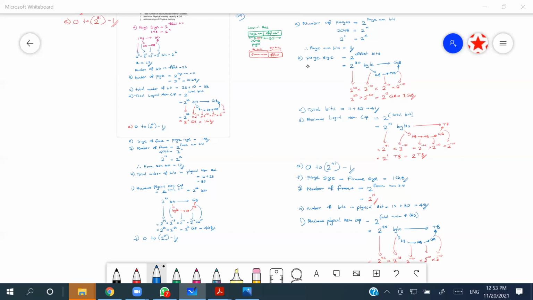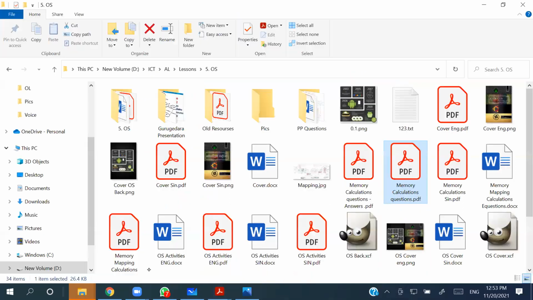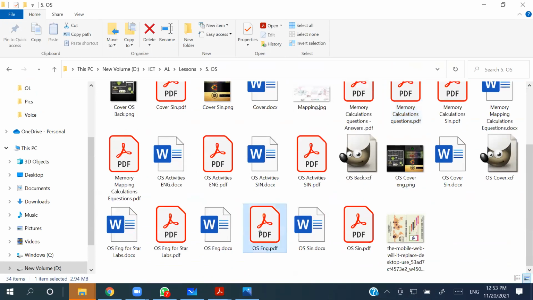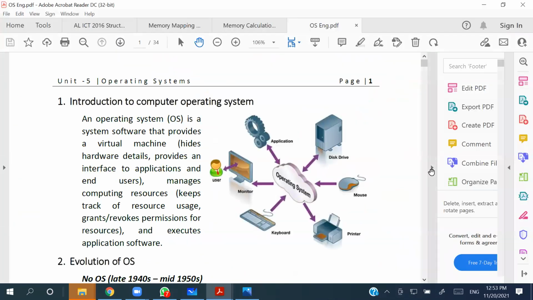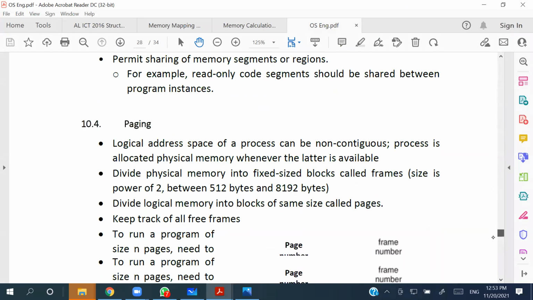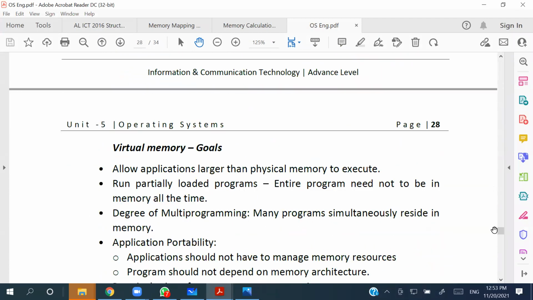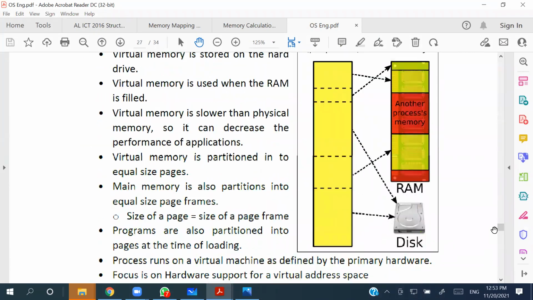Okay, so let's move to the theory part of your lesson, the very end part of the OS lesson. Right, so we did up to the paging, we did up to the mapping. So these are the things we were talking about, people, right?